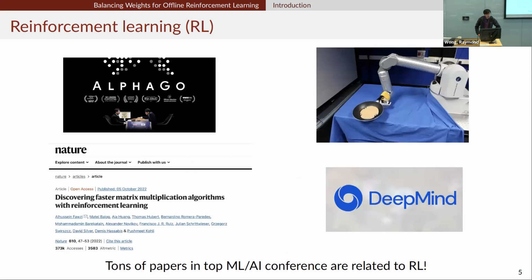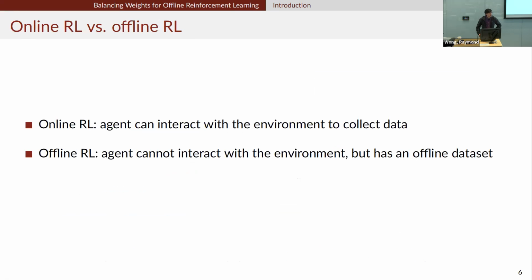Of course, reinforcement learning is a hot topic. You can find many applications of reinforcement learning in many different areas, such as autonomous driving and also mobile health. There are two major settings for reinforcement learning, online and offline. In the online setting, the agent can interact with the environment to collect data, while in the offline setting, the agent cannot interact with the environment, but the agent is given an offline data set to learn the policy.